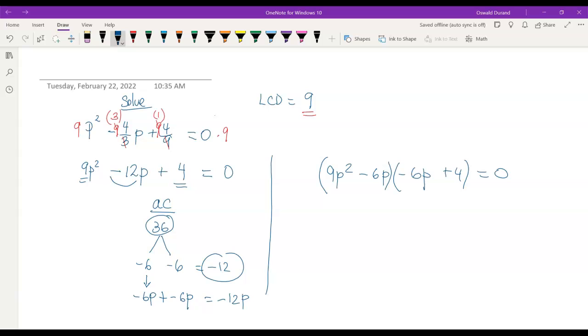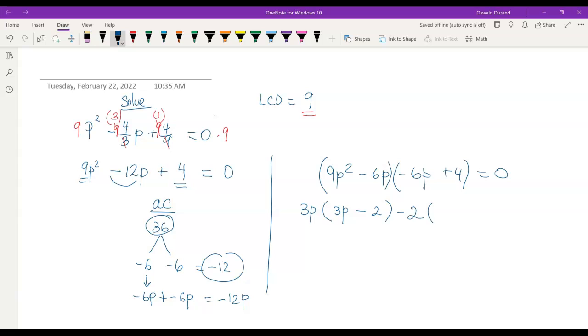So here 3p is your common factor, so it's going to be 3p times 3p minus 2. And then here, I want to make sure that I get 3p minus 2 inside the parentheses. So instead of factoring just 2, I'm going to factor out negative 2, because that's the only thing that's going to give me 3p minus 2.